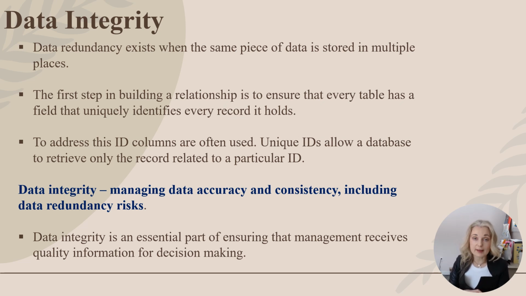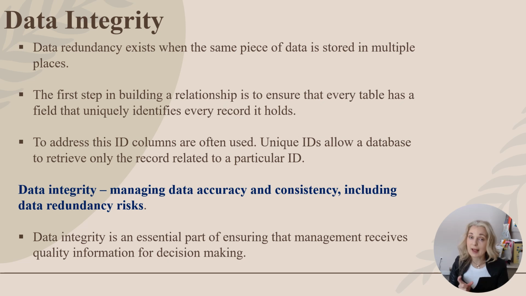When designing a database, it is important to focus on data integrity. And one way to increase data integrity is to reduce data redundancy. And data redundancy is said to exist when the same piece of data is stored in multiple places or multiple tables within a database. And the first step in building a relationship is to ensure that every table has a unique field that uniquely identifies every record within that table.